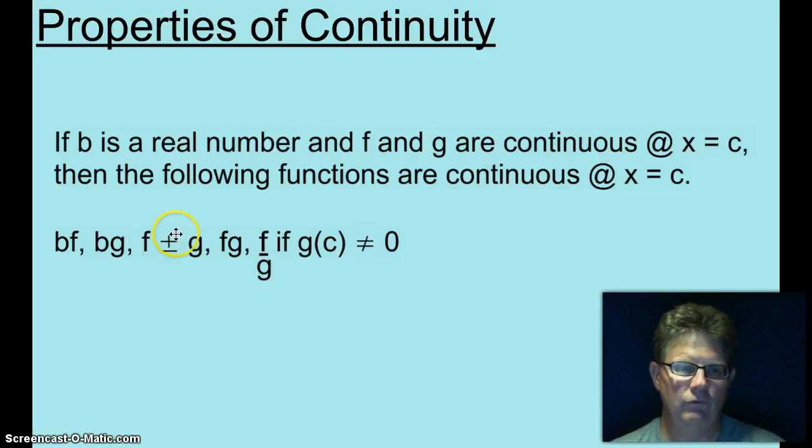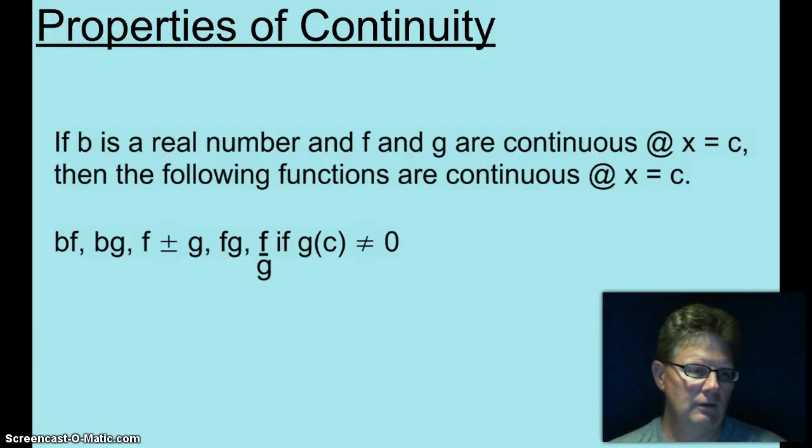If I add those two functions f and g together, or take the difference of them, if I multiply them together, if I take the quotient of them, they will be continuous at c if, of course, g of c is not equal to 0, because then you would be dividing by 0. Those are the properties of continuity.